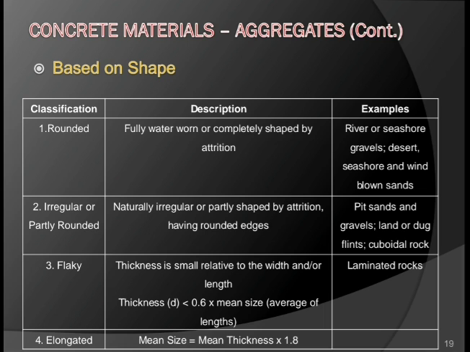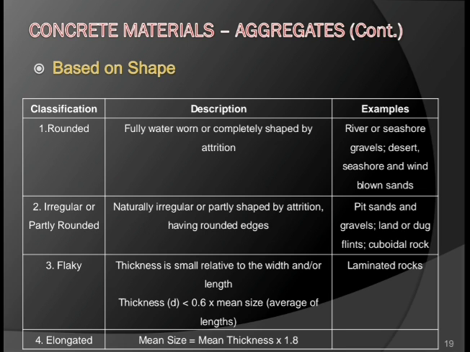Next, based on shape, there are 4 types: rounded aggregate, irregular aggregate, flaky and elongated. Rounded means purely rounded, and that type of aggregate is available naturally on river or seashore beds because water is continuously flowing over it.